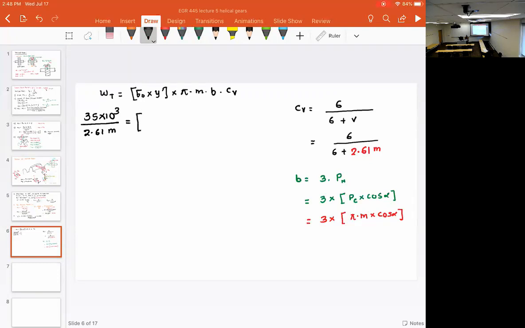sigma o. Be careful with sigma o. Sigma o is 100 megapascal, which is 100 Newton per millimeter squared.